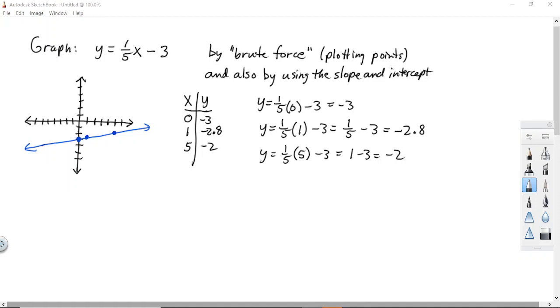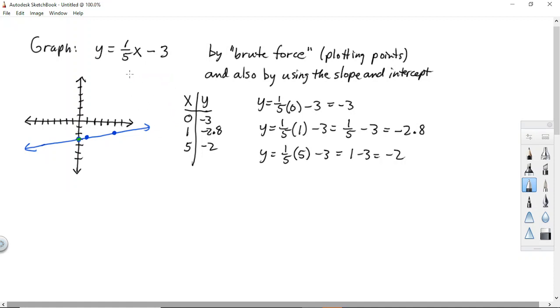It already is in slope-intercept form. So that's actually going to be easier than the way that we just did it. The intercept is -3, and of course that is the same point we already had. The slope is 1/5. The slope is right there.